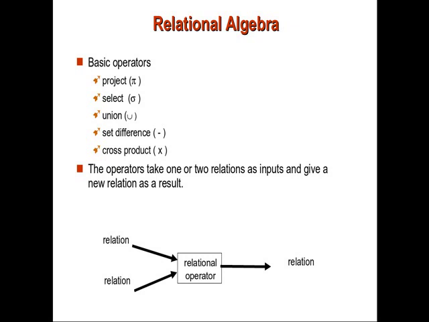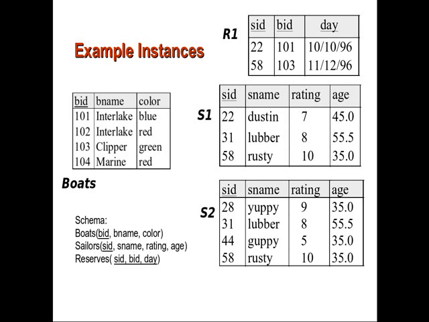In this diagram, you can see that the input to the relational operator can be one or two relations. The relational operator performs the operation, and the result is also a relation. Now we'll look at some example instances of the relations. The first one is the boats relation, and you can see that it's a table with columns and rows.